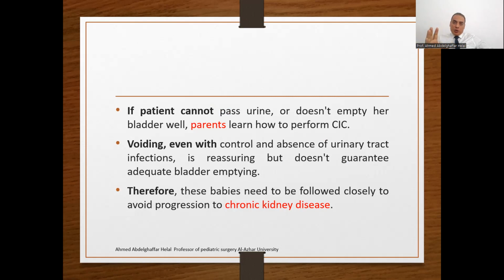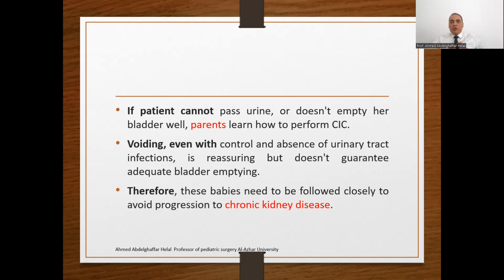So it's very important to follow the children after repair of anorectal malformation, especially the cloacal malformation, and to comment on the voiding: whether the baby is able to void spontaneously, needs to be assisted, or whether you need to teach the parent to perform clean intermittent catheterization.